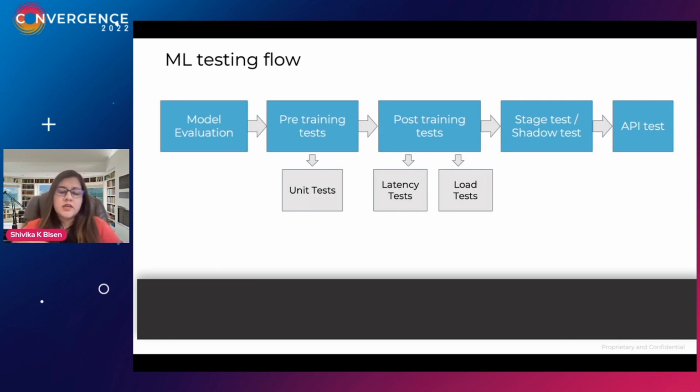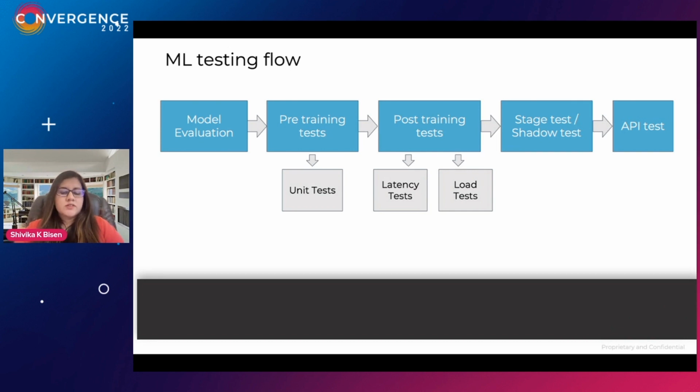This unit test checks whether the things that are important before the model is trained in production are in place. Once the unit test is done, we check the post-training tests. These are tests that we do once the model has already been trained in the production environment.